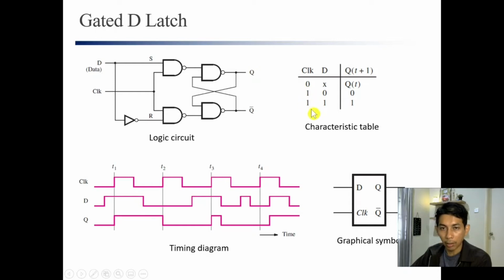But if the clock is active, if D equals 0, the output will be 0. When D equals 1, the output will be 1.